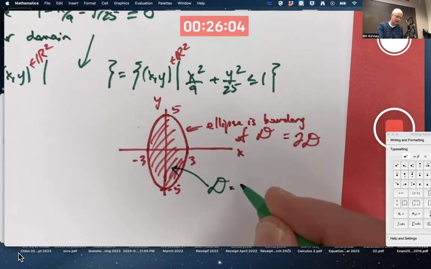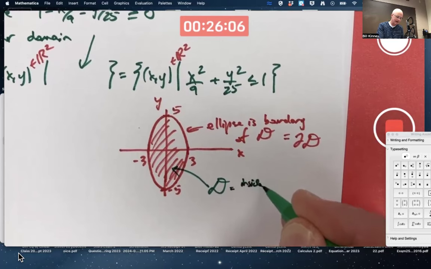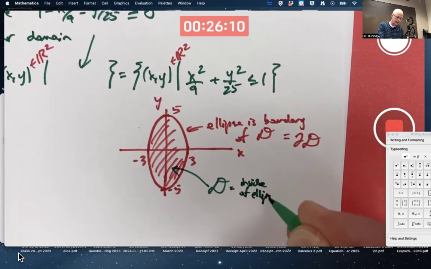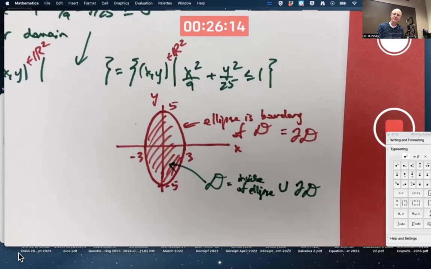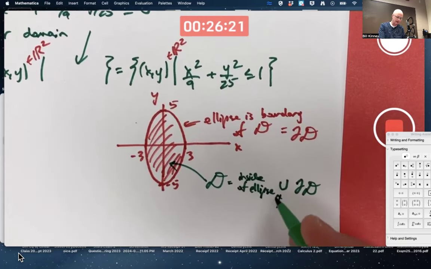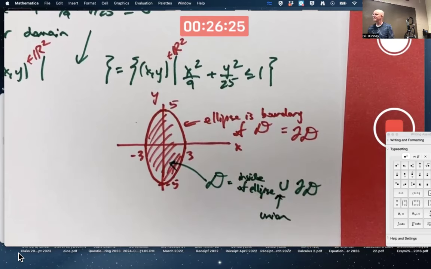This is the union of the inside of the ellipse unioned with the ellipse itself, which is this boundary of D. This is the union symbol. It just means combine the sets. This is an example of something called a closed set.